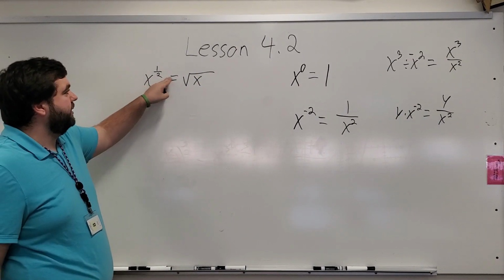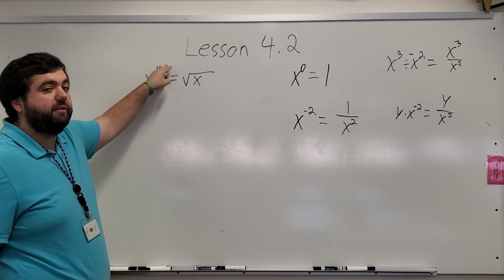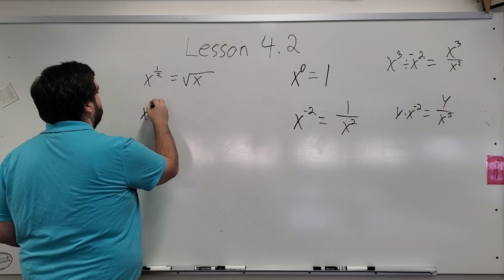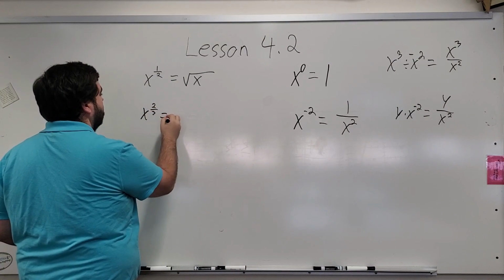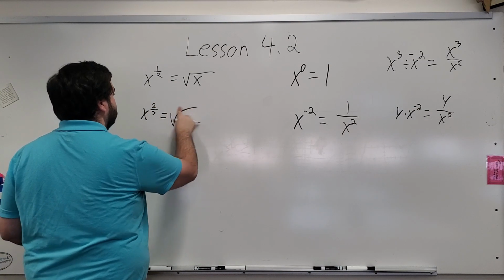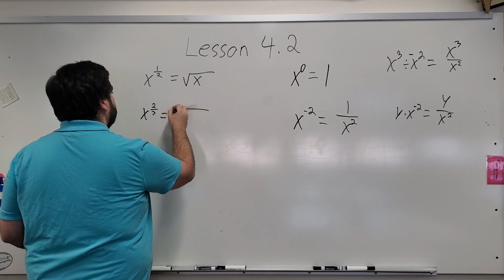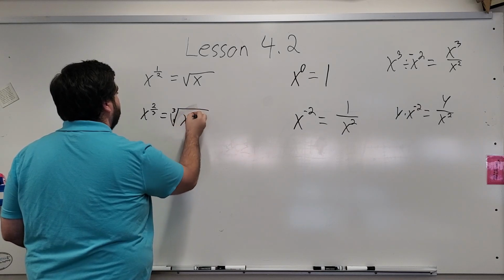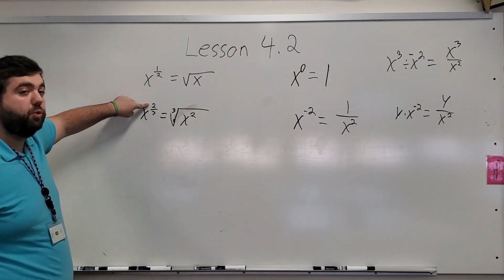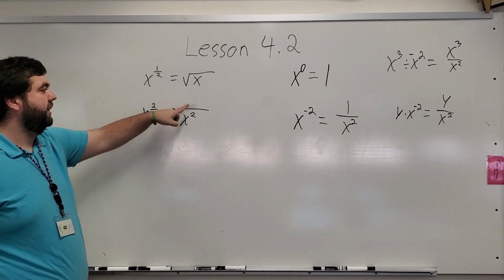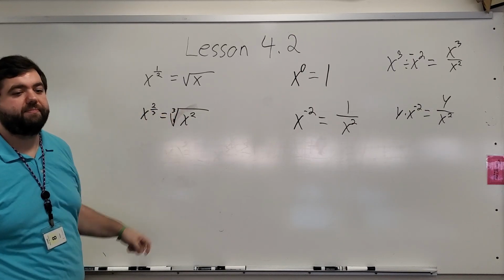Whatever is in the bottom is my root. Whatever is in the top is the power. So let's say I would have x to the 2/3. Well, that would become the cube root of x squared. My numerator is my power of x. My denominator is the power of my root.